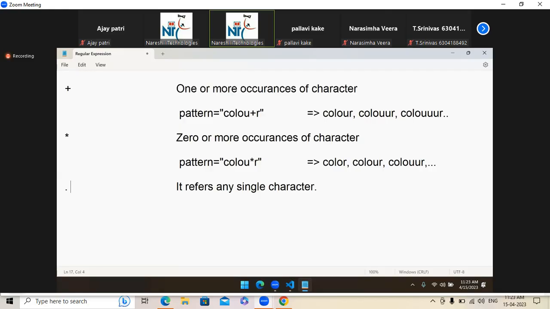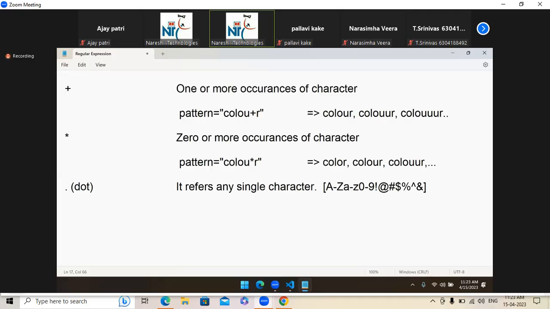Any single character means it can be an uppercase alphabet, a lowercase alphabet, a number, or any special character. But only a single character, one character.